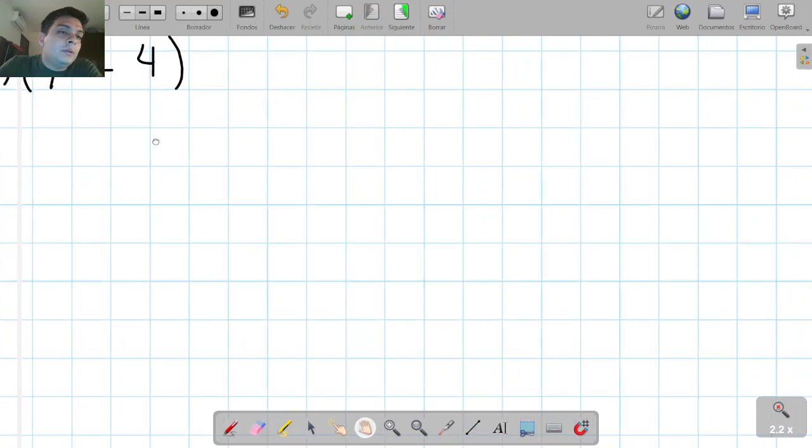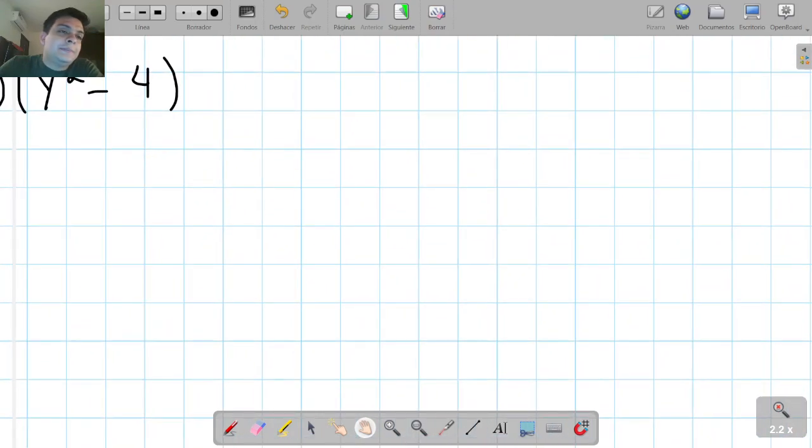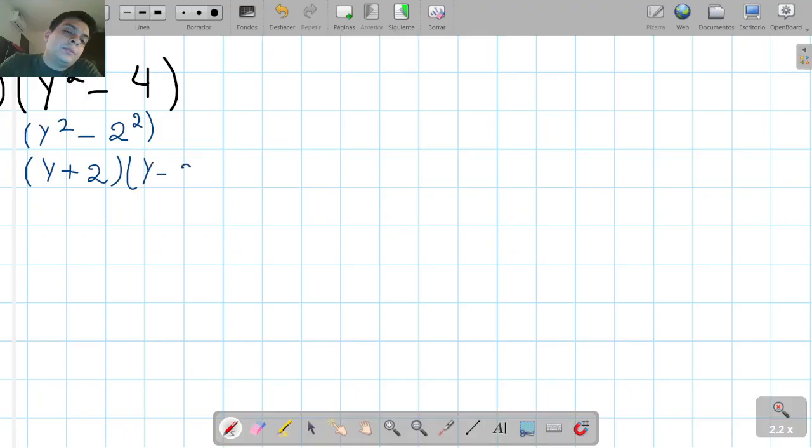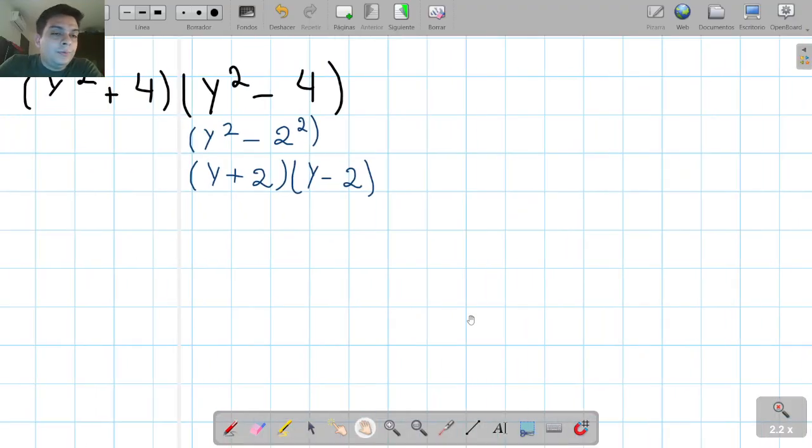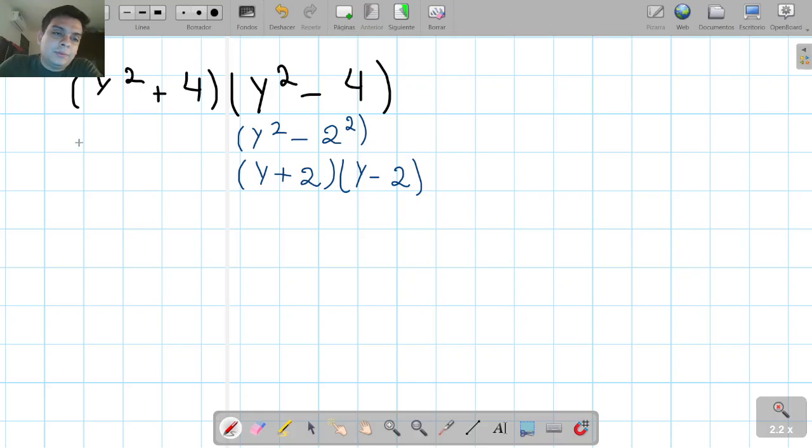You can even look at it like it was another exercise. We can write this y squared, and instead of 4, write it as 2 squared. If we factorize it, it's going to be y plus 2 and y minus 2. But hey, don't forget, we still have this, so we have to write it as well.